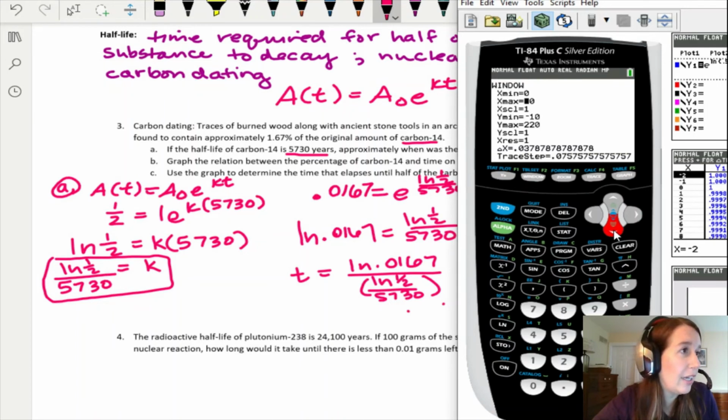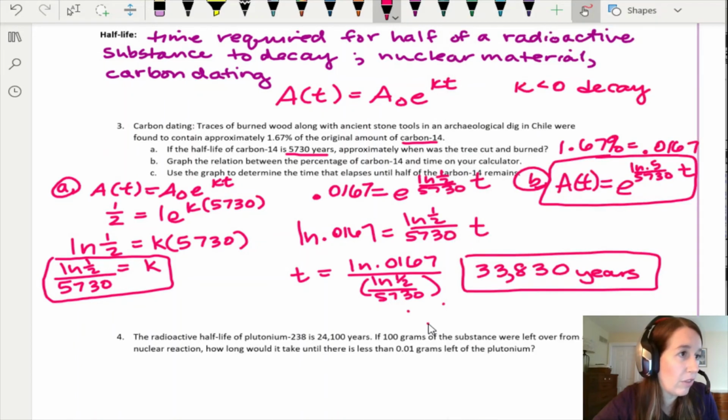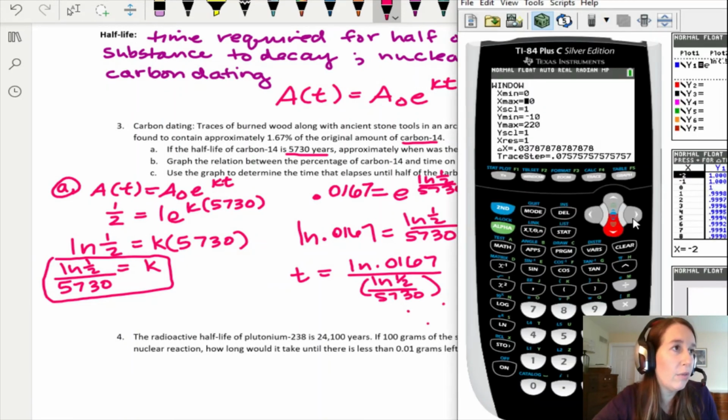And really, if we want to see the whole thing that we've graphed, that was 33,000 years. So we might want to change it to like 35,000 for the x-max, okay? Now the y is also a little confusing. That's the amount. Okay, and we weren't actually given an actual amount.